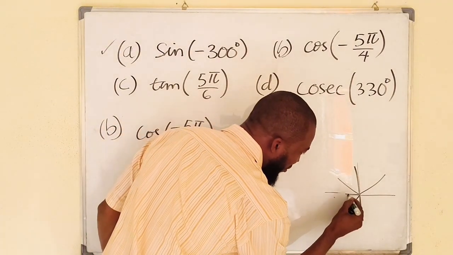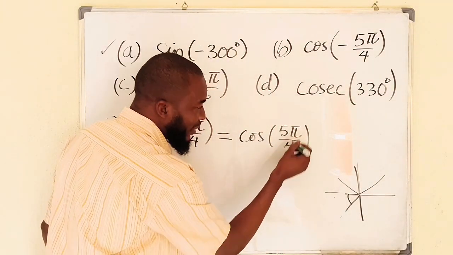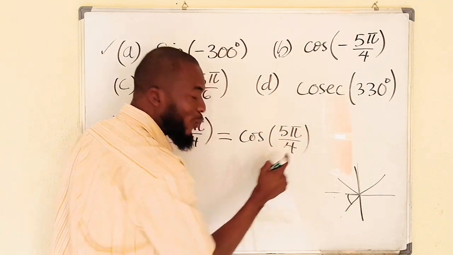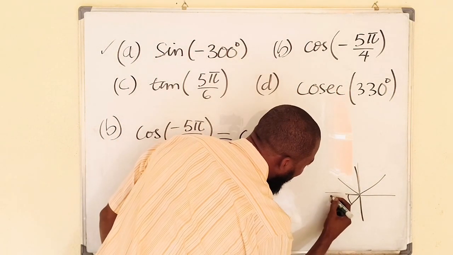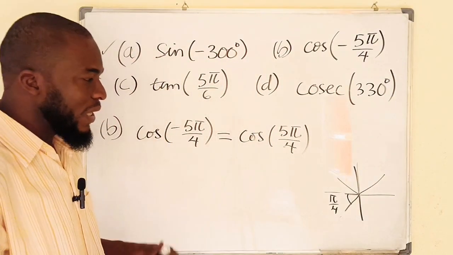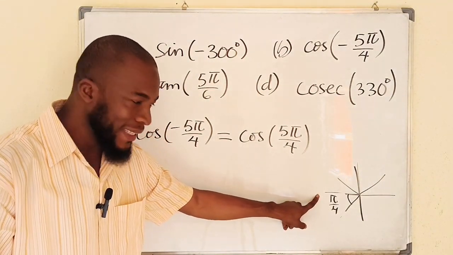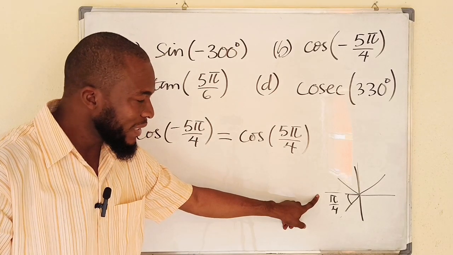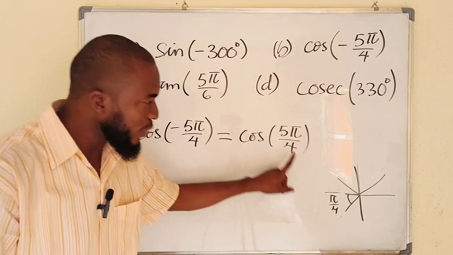So what will be our reference angle? The reference angle will be this one, because we have seen that 5 pi over 4 is pi divided by 4 more than pi. So it will be pi plus pi divided by 4.